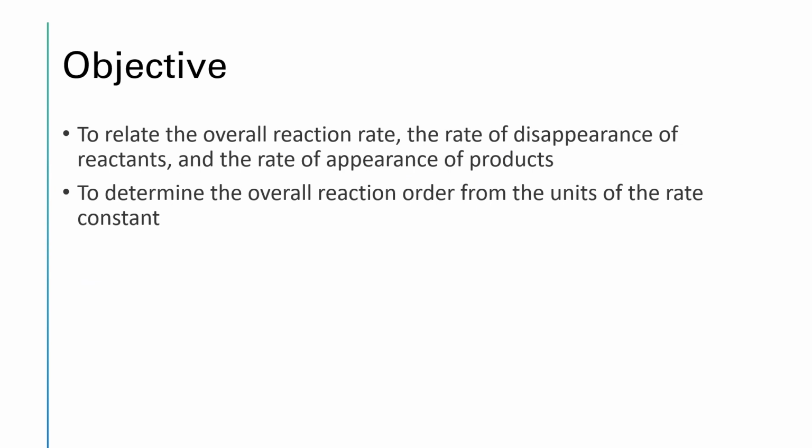All right, Bobcats. That wraps up this section. What we did, our two big objectives here: we used the stoichiometric coefficients to relate the overall reaction rate, the rate of disappearance of the reactants, to the rate of appearance of the products.